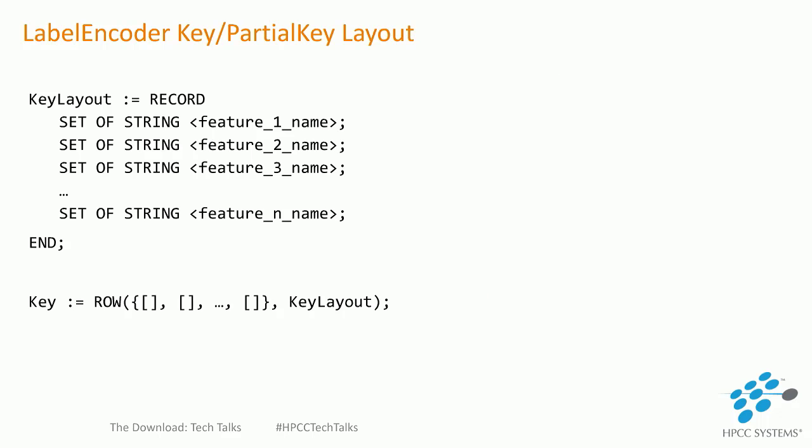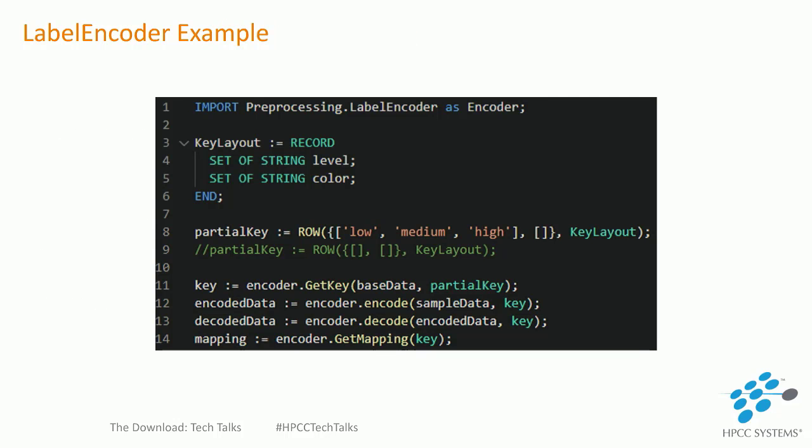On the following slide, you will see the data structure required by the key. The key is a raw dataset of sets of strings, and each feature must match the name of the categorical feature in your data set. You can see this from this example, where from line 3 to 6 you have the definition of a key.